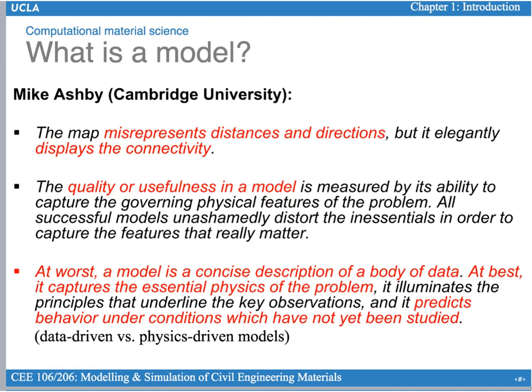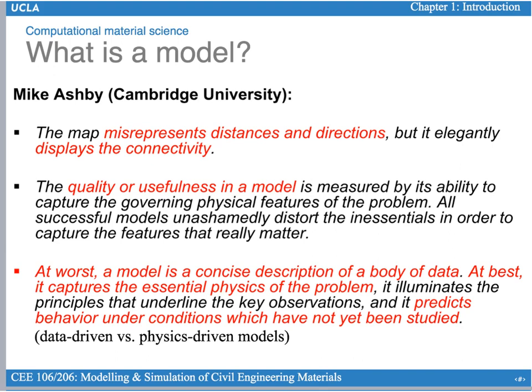So in summary, we can provide the following definition for our model. We can follow the definition from Professor Ashby from Cambridge University. So in this case, if you take the example of the Boston map, the map obviously misrepresents the distances between stations and the directions.